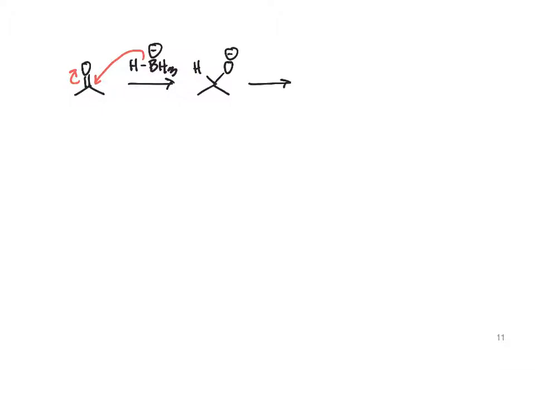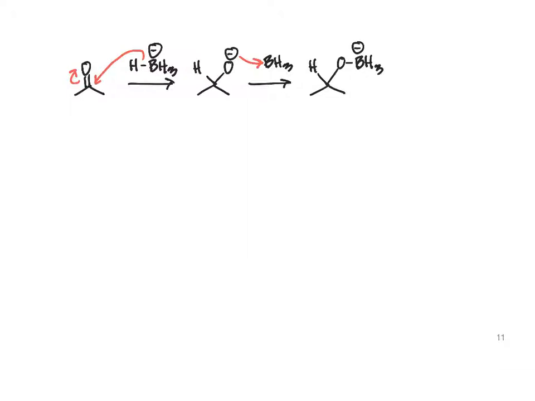And what remains from the borohydride is borane, which is a strong Lewis acid. Electron pair donor, electron pair acceptor. And so these things very rapidly form a complex. So after addition of hydride, the oxygen complexes with the boron. And that forms this borate ion.